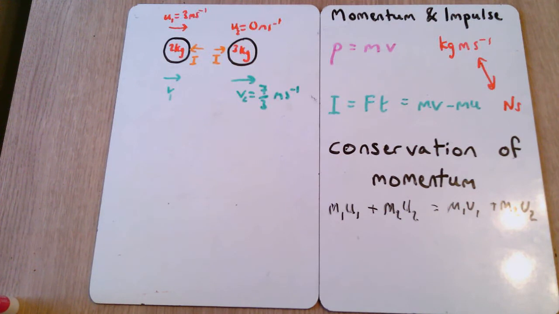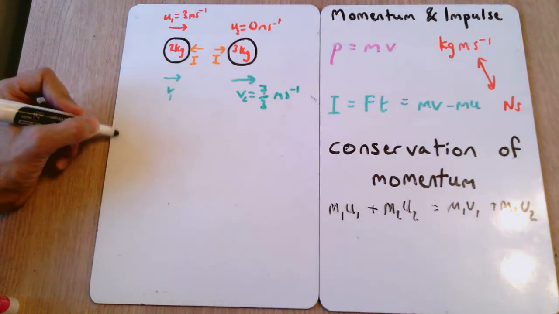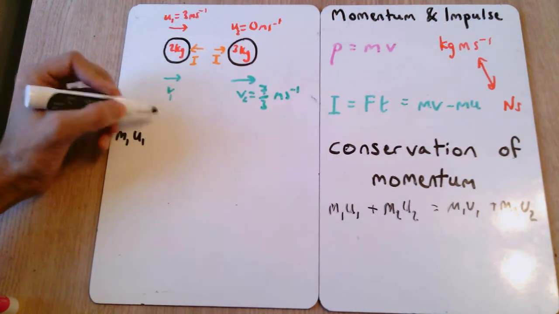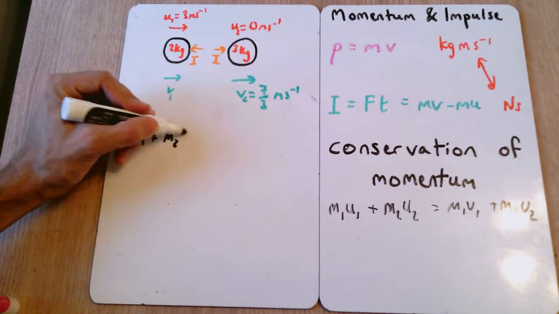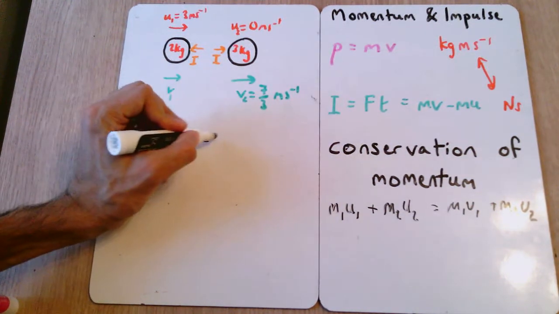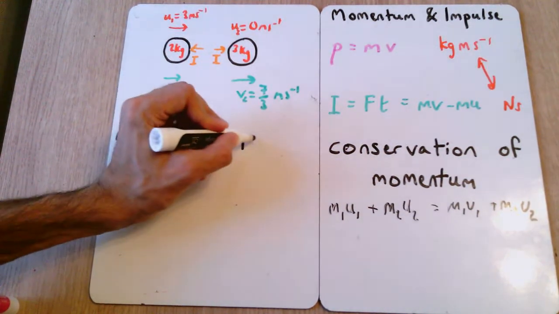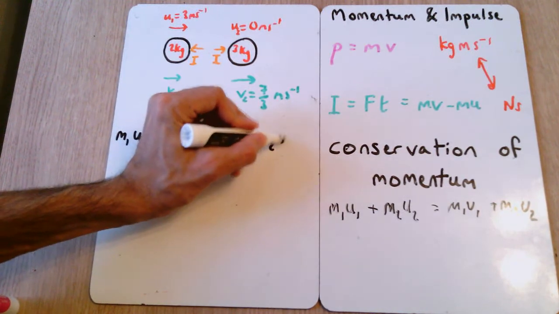Now, because these are vectors, we need to pick a direction to be positive for our velocities. Because the motion seems to be going towards the right, we are going to use right as our positive direction. So we put our formula down, m1 u1 plus m2 u2 is equal to m1 v1 plus m2 v2, to the right.